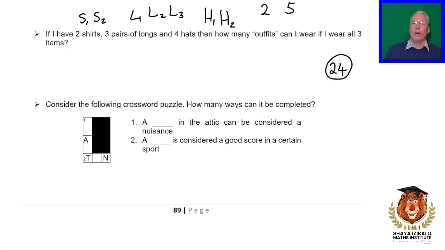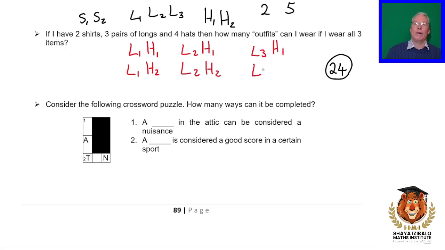I'm going to write those down. Just the longs and the hats. Longs 1 with hat 1. Longs 1 with hat 2. Longs 2 with hat 1. Longs 2 with hat 2. Longs 3 with hat 1, and longs 3 with hat 2. Now, that's just the longs and the hats, and we've got 6.